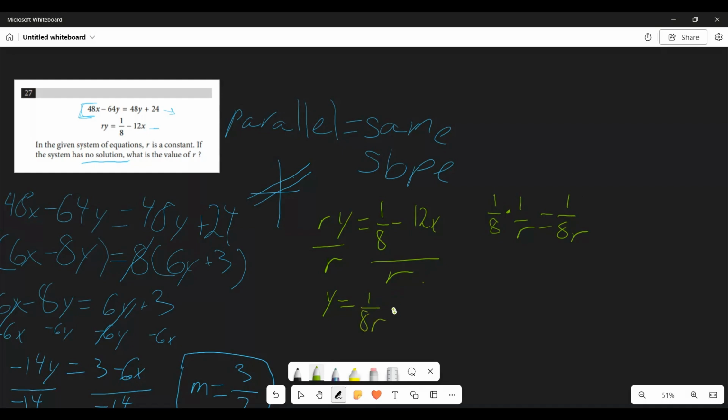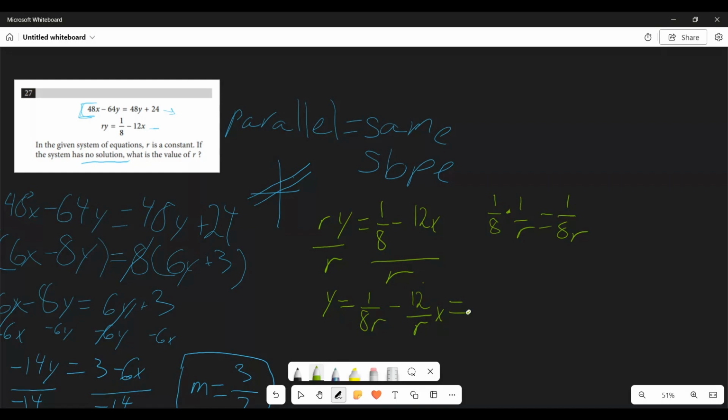So that becomes 1 over 8r minus, so then negative 12x divided by r, that's just going to be minus 12 over r x, right? And I'm just writing it this way so it's easy to identify what is our m term, right?